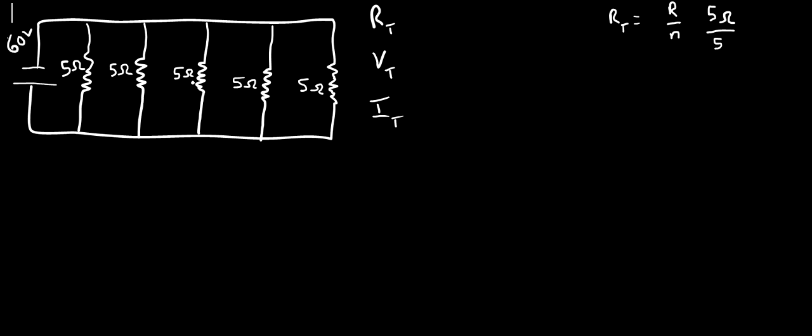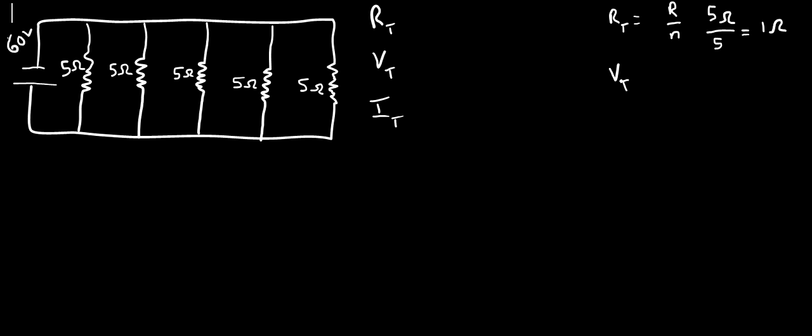In this case they are, and we divide by the number of resistors. So we get a total resistance of 1 ohm. And that's just for a parallel circuit, not for a series circuit, when all the resistors are the same.